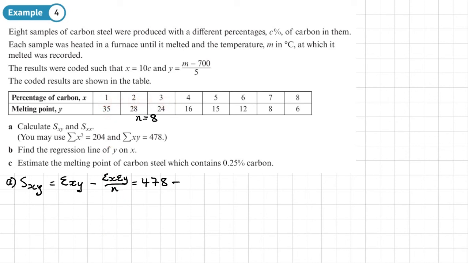Sum of x is just going to be all of these numbers in the top row added together, and the sum of y is going to be the numbers in the bottom row. So let's add those up and see what we get. So when we do 1 plus 2 plus 3 plus 4 plus 5 plus 6 plus 7 plus 8, that'll give us 36. And then when we add together the numbers in the bottom row, 35 plus 28 plus 24 and so on, that gives us a total of 144.